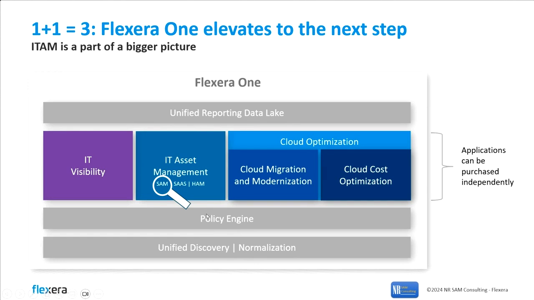Typically, if a license gets negative, send an email to the manager of the license. That's a typical policy that you can set up in the policy engine. And this policy engine is actually transversal to each of the functional domains of Flexera One.